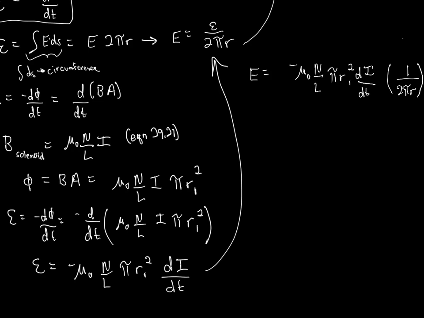Where did that come from? 1 over 2 pi r. I wrote down my whole E, and then instead of just dividing that by 2 pi r, I just multiplied it by 1 over 2 pi r. So it looked a little nice, so I didn't have fractions over fractions. Same exact thing. So that's just plugging and chugging at that point.